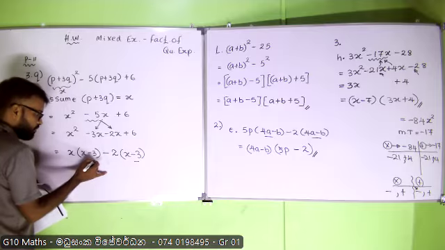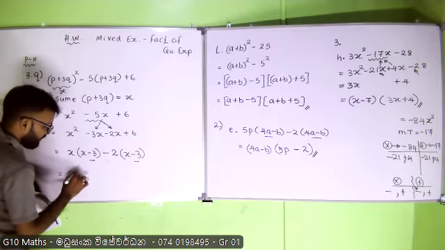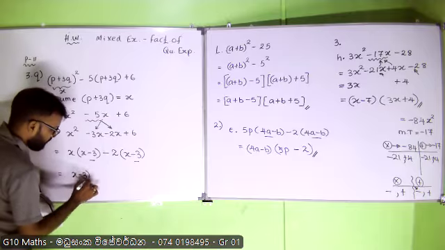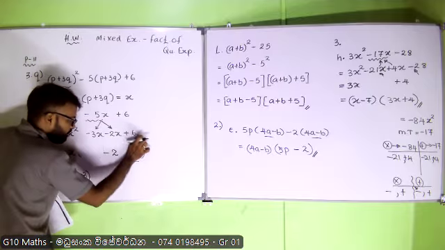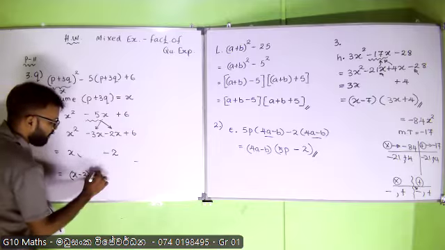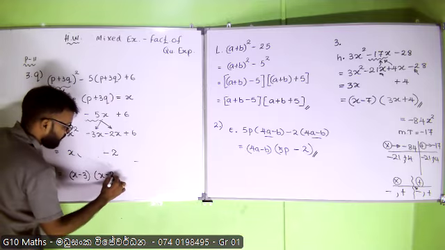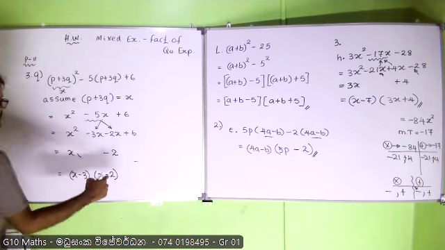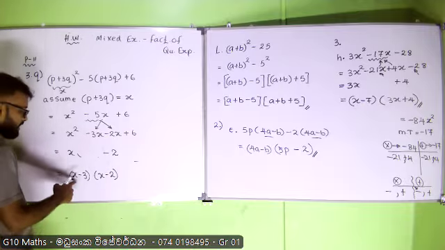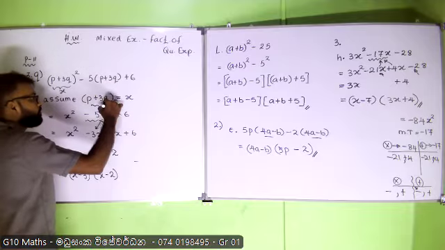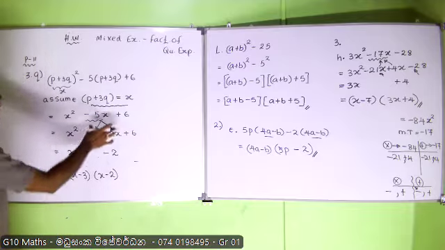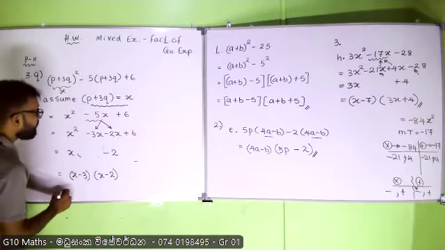x minus 3 is the common term, take it out from the bracket. So write down the rest inside the bracket. You are having x minus 2. But did we assume earlier that x is equal to p plus 3q?